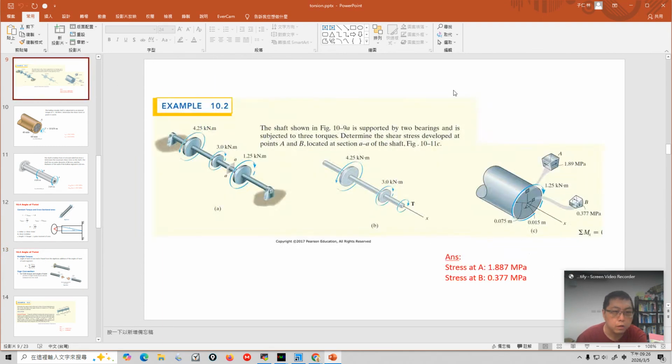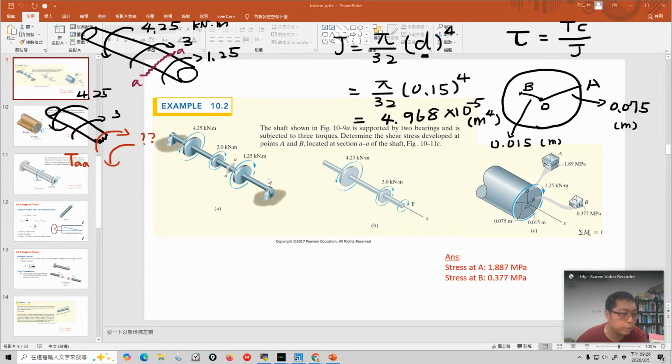Okay, so let's go back to this problem. For the torque TAA here, we use the sign convention. We want to assume, using the right hand rule, that it points outward to the surface.